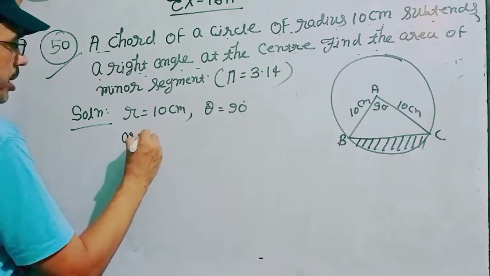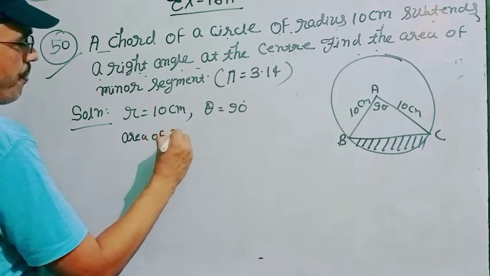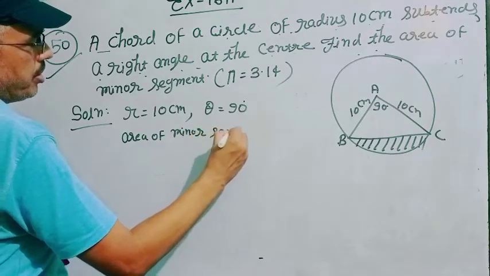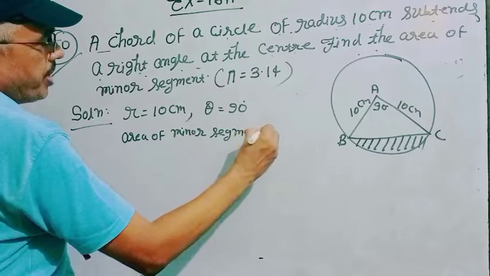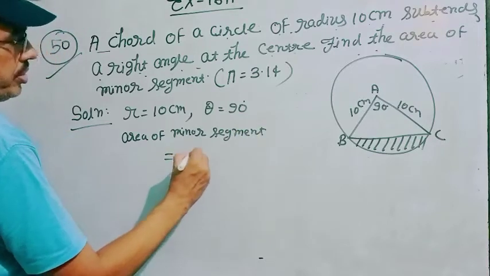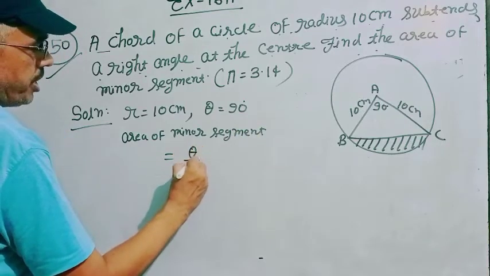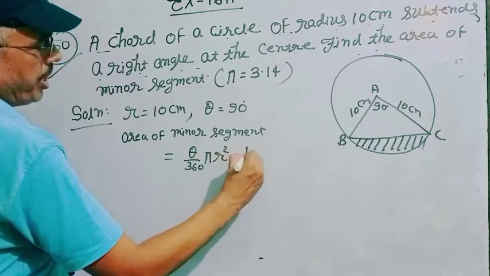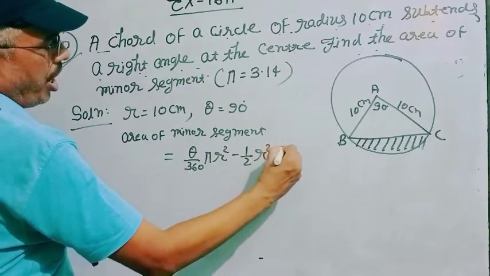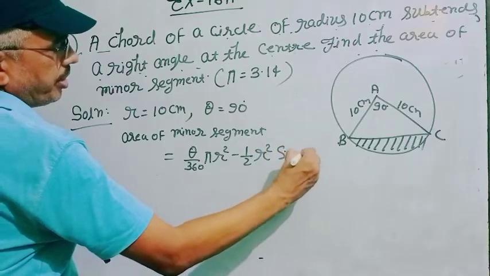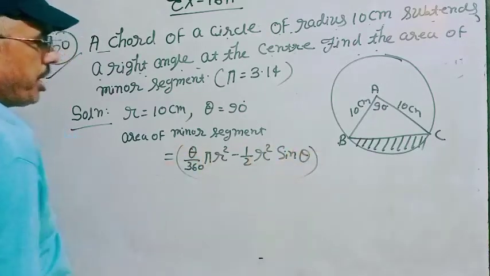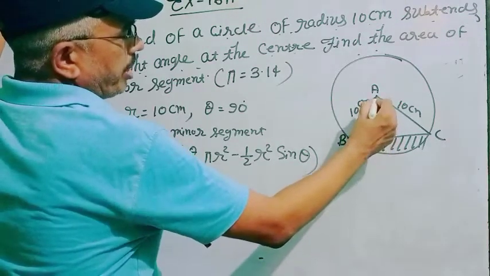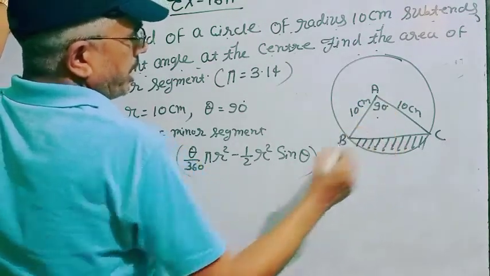So write here: area of minor segment is equal to theta by 360 into pi r square minus 1 by 2 r square sin theta. It is the area of the minor segment. We subtract the area of the triangle from the area of the sector.